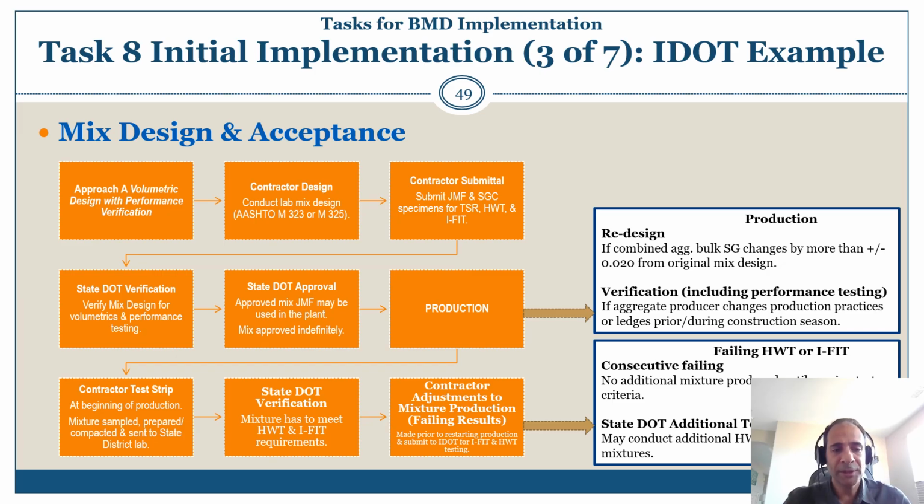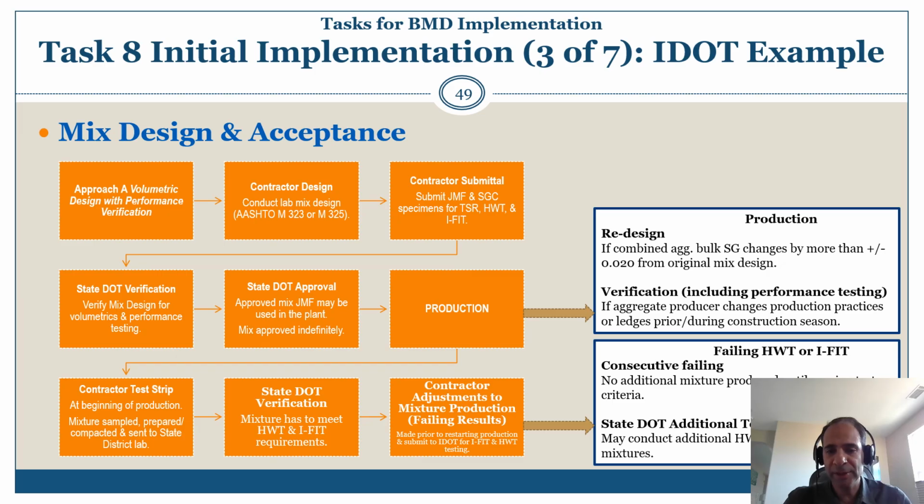The state DOT runs the tests and verifies the mix design for both volumetric and the mechanical testings. If everything looks good and the mix design passed the volumetric and mechanical testing requirements, then the job mix formula is approved by the state to be used in the plant.